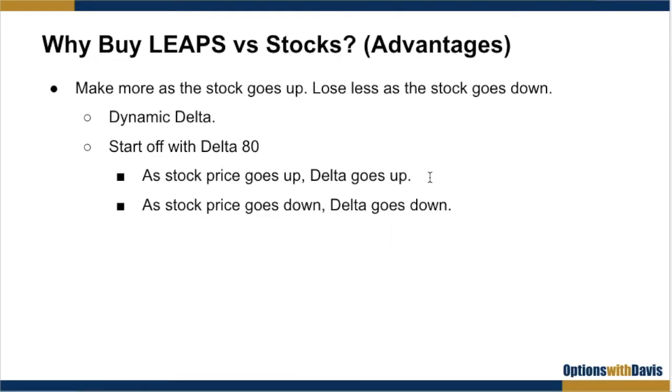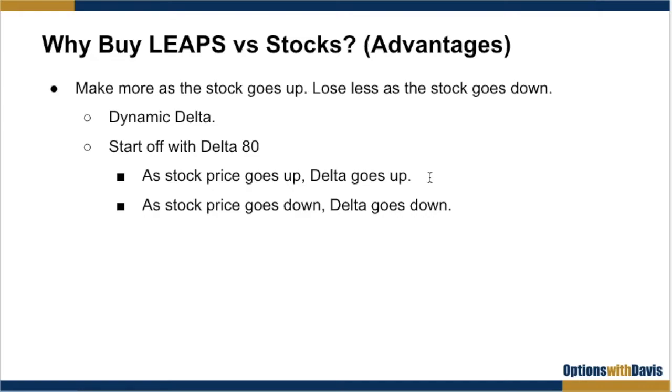You go to 81, 82, 90, and eventually to 100 if the stock really goes up enough. So you're actually making more as the stock goes up. And contrastingly, if the stock was to go down, your delta will go down as well.